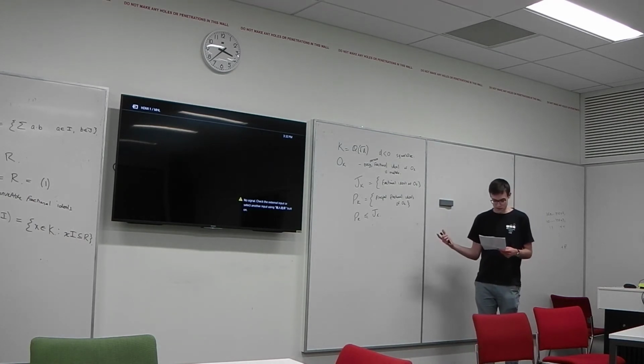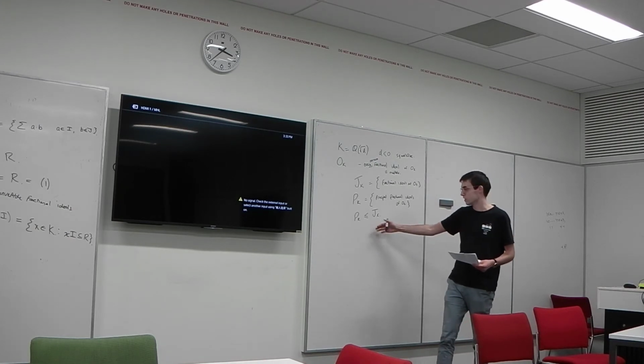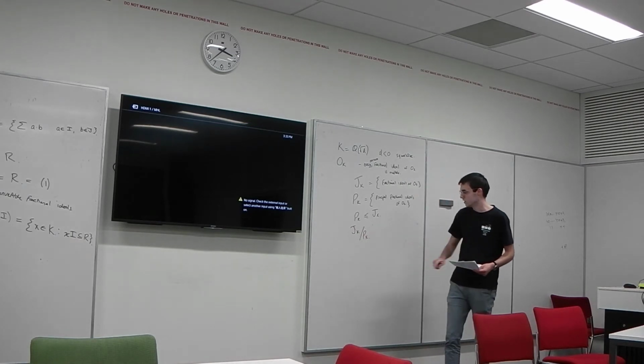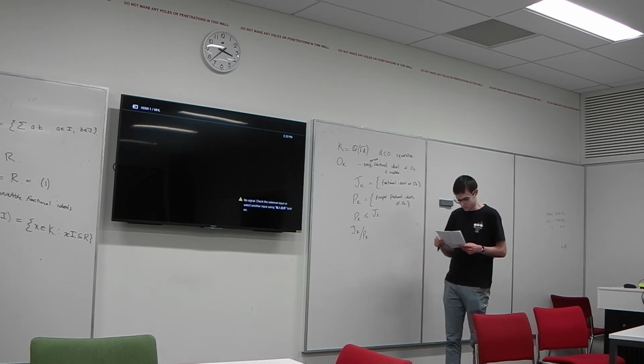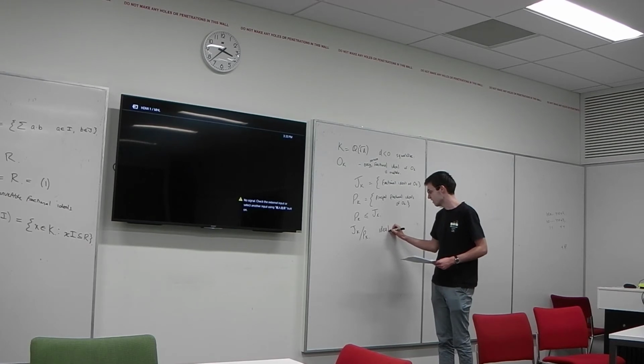So that means we can create the quotient group of these two things. We can take J_K over P_K, and this is actually abelian. This is what we call the ideal class group.